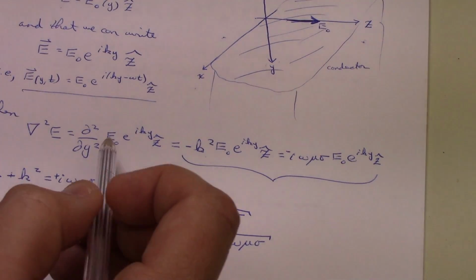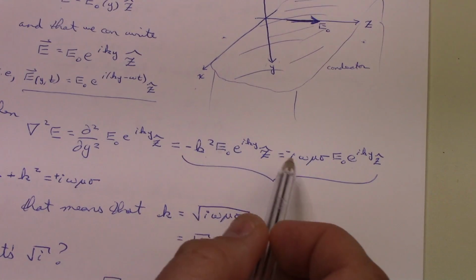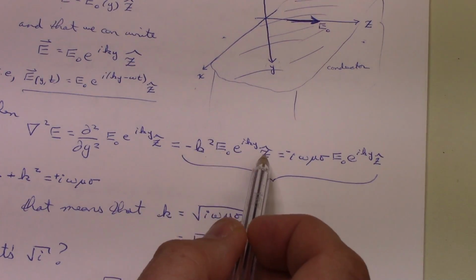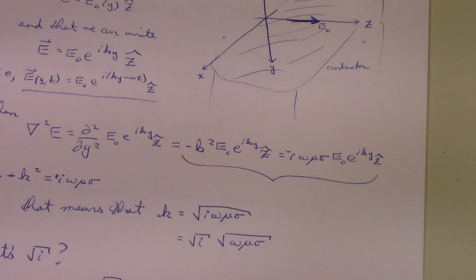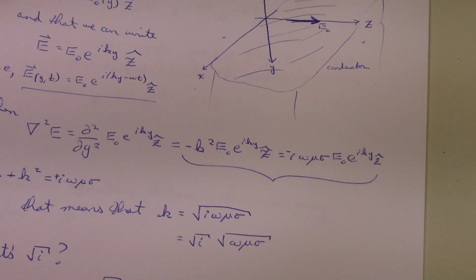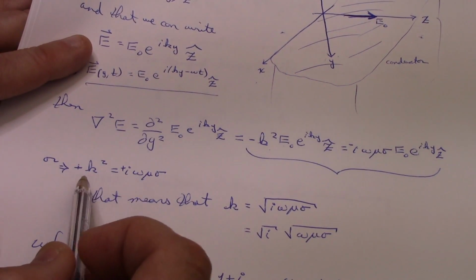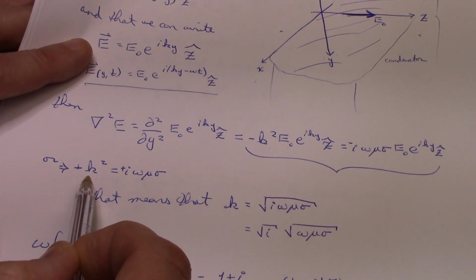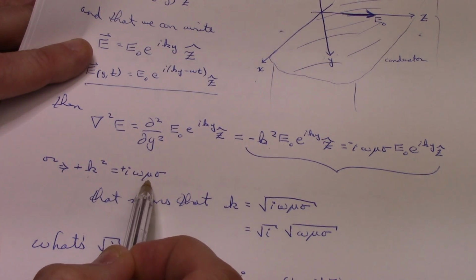And I think you can see that the E0s go, the exponentials go, and you can get rid of the vectors there, and what we end up with is a very simple condition: k squared has to equal i omega mu sigma.